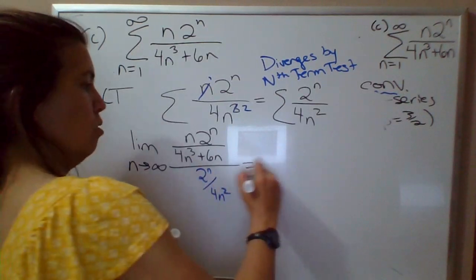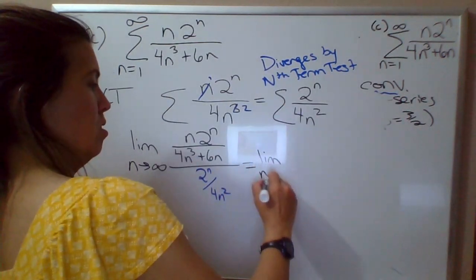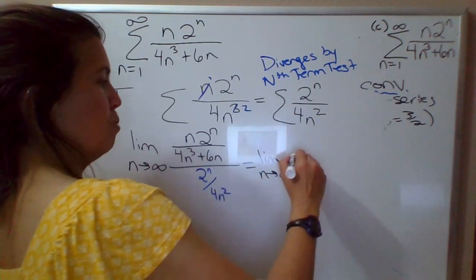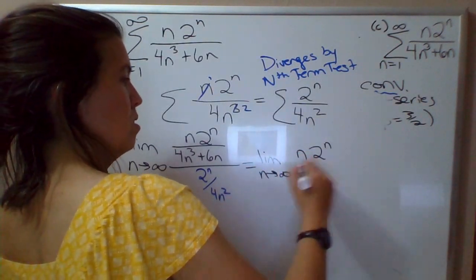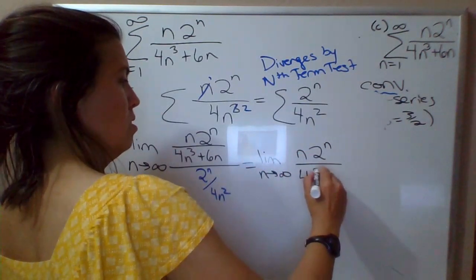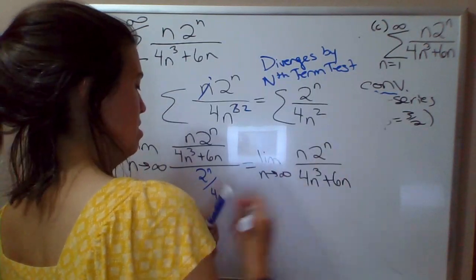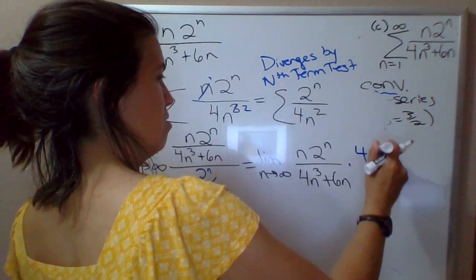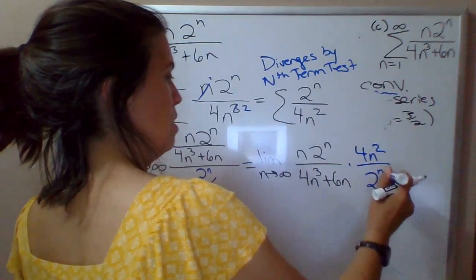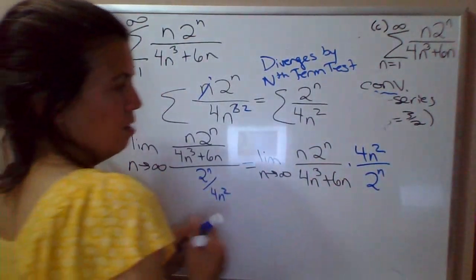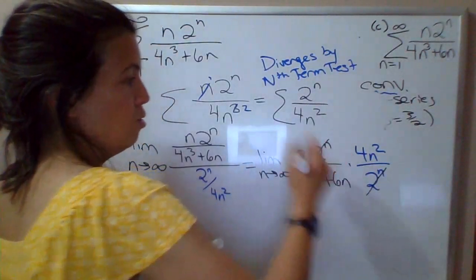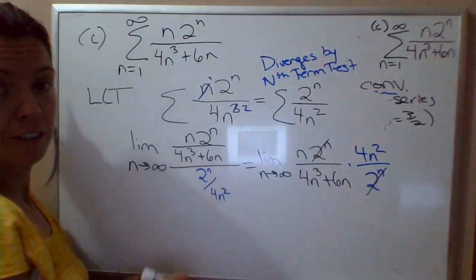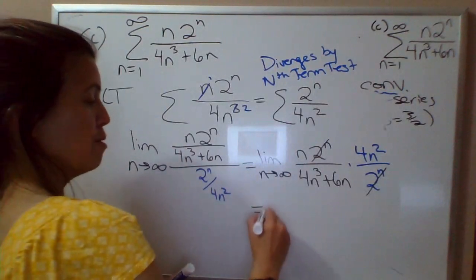Okay, so bring this up, multiply by the reciprocal. 4n cubed plus 6n, times 4n squared over 2 to the n. So the 2 to the n's go away. That's a relief, right? Because that was the nastiest part of this problem.